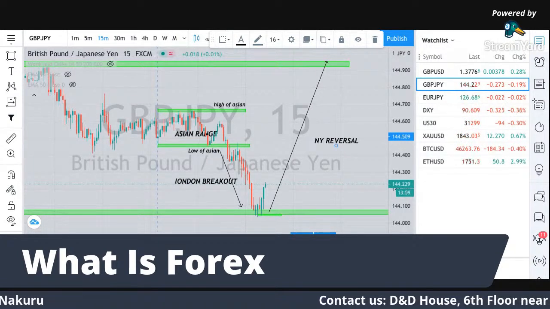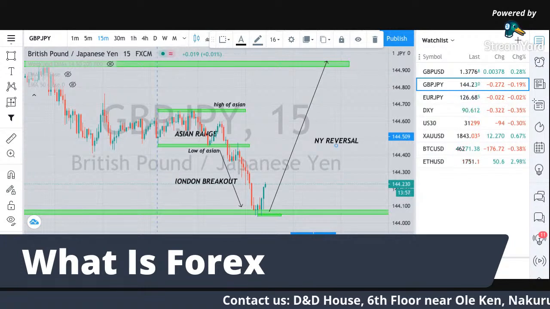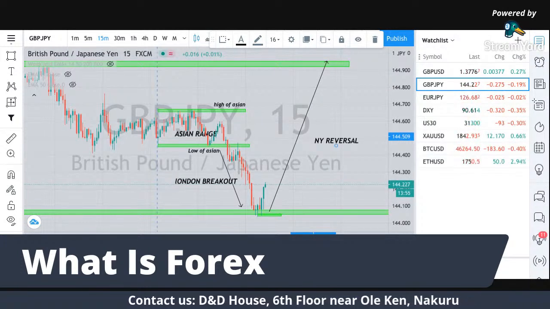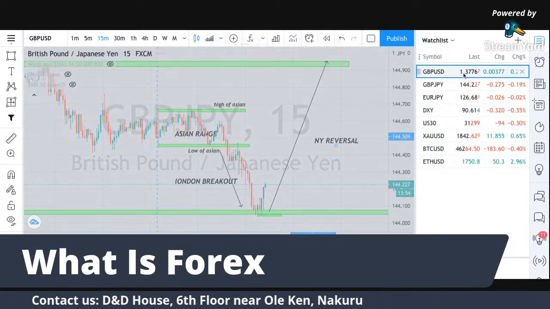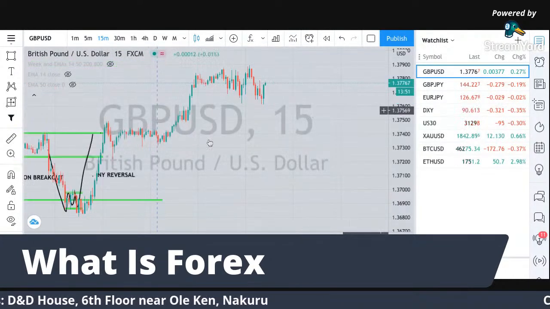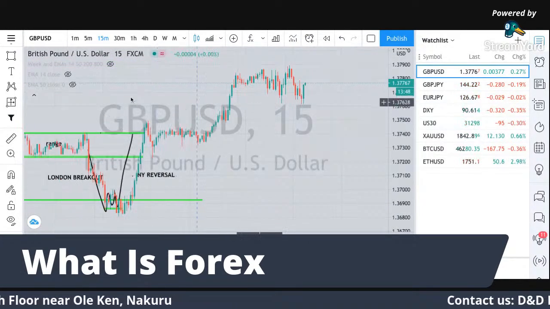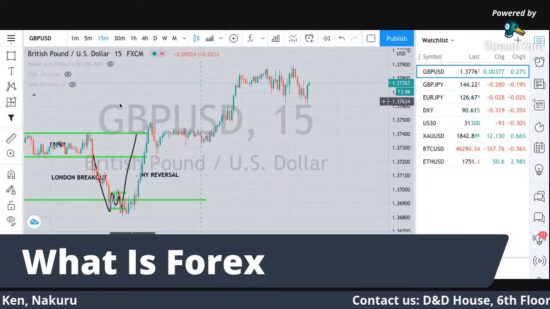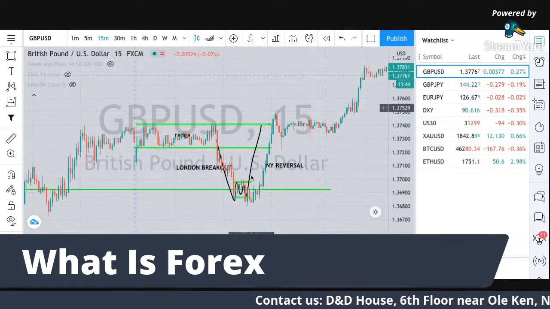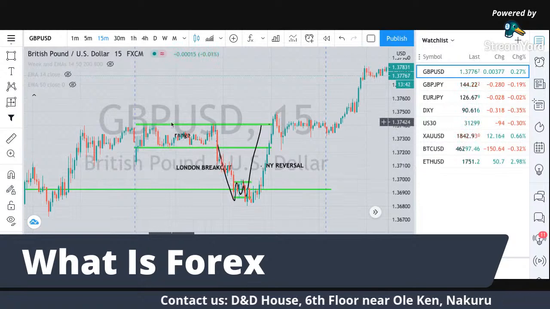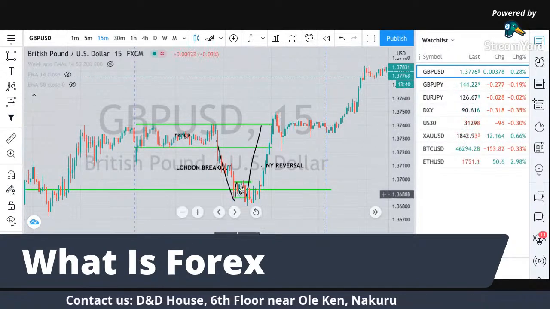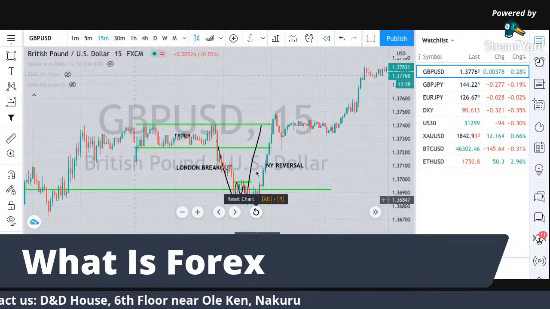For GU, yeah, I had GU buys yesterday. This is the breakdown. It is the same pattern, exactly as I drew it yesterday. So this was the range. This was the London breakout, and then created this pattern. This is the New York reversal.